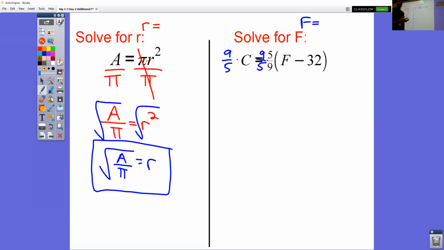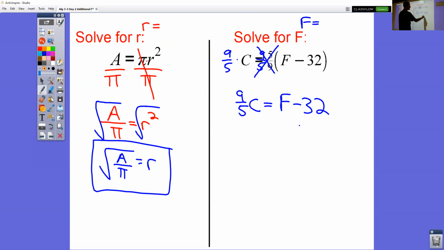That 45 over 45 just simplifies to 1, which is why these cancel out. So by multiplying by the reciprocal, the flipped fraction, those will cancel out. So on this side, I have 9/5 C equals, when I bring it down, I can get rid of my parentheses, equals F minus 32.